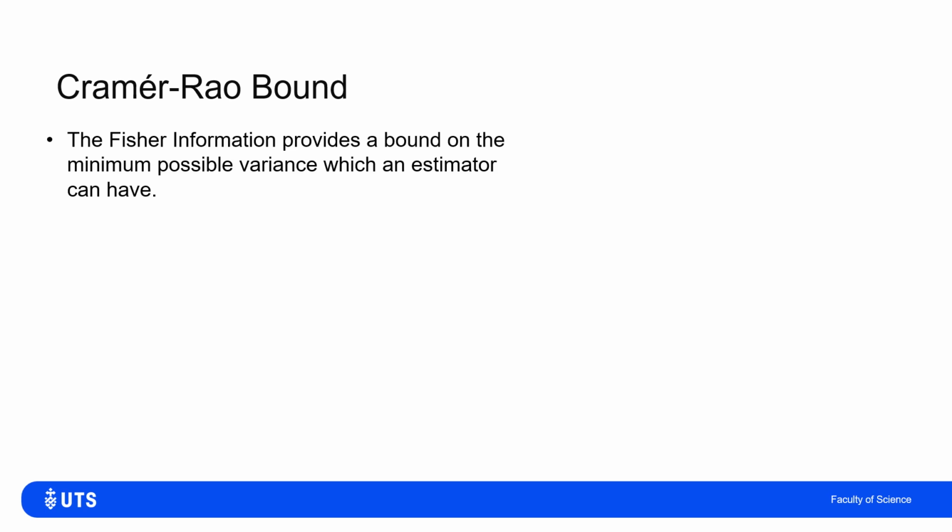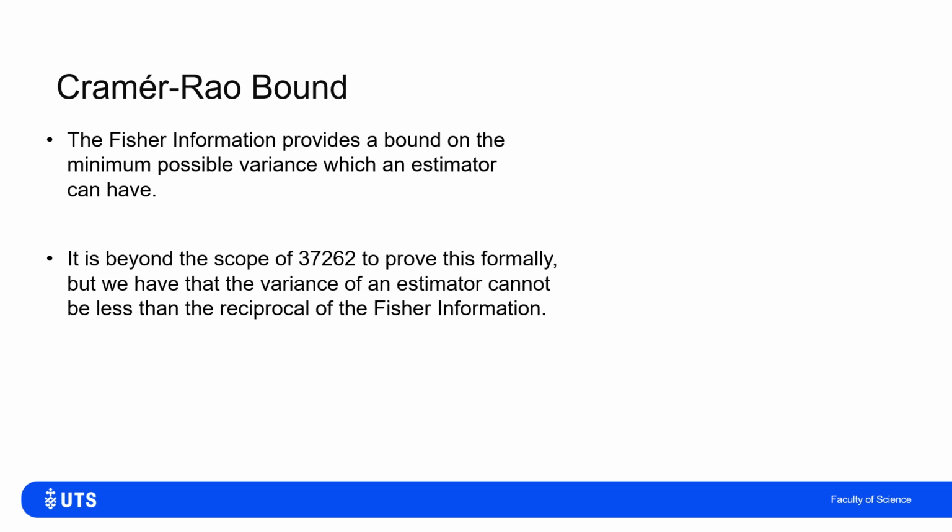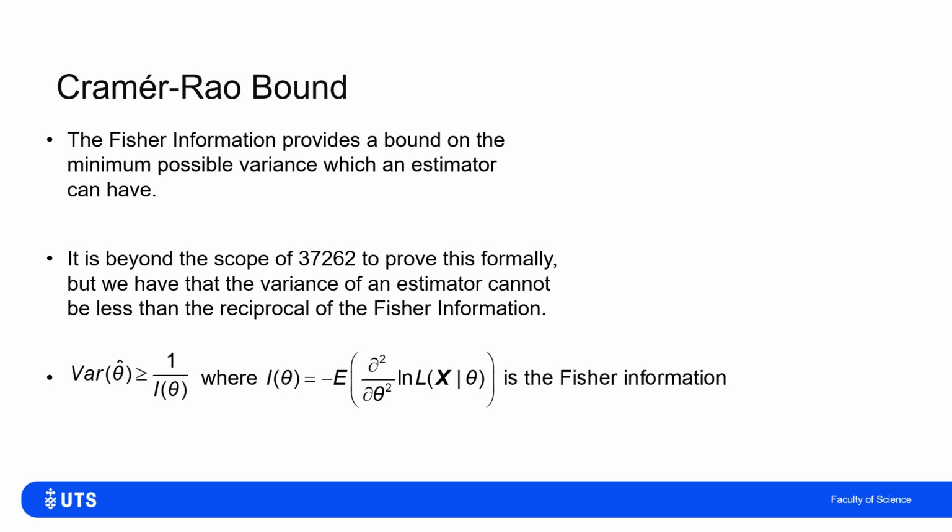Now, related to that, the Fisher information can give us a bound on the minimum variance which an estimator can have. Now, we're not going to prove this formally because it's beyond the scope of this subject, 37262 mathematical statistics, but the variance of an estimator cannot be less than 1 over the Fisher information.